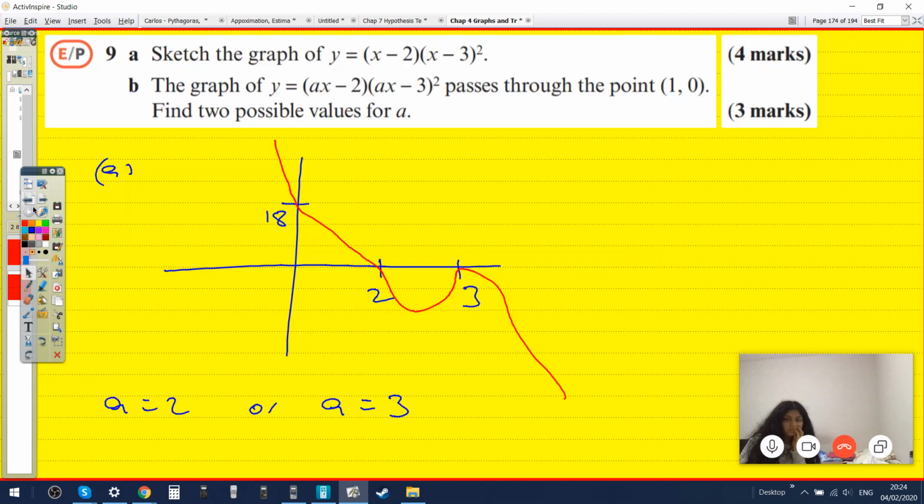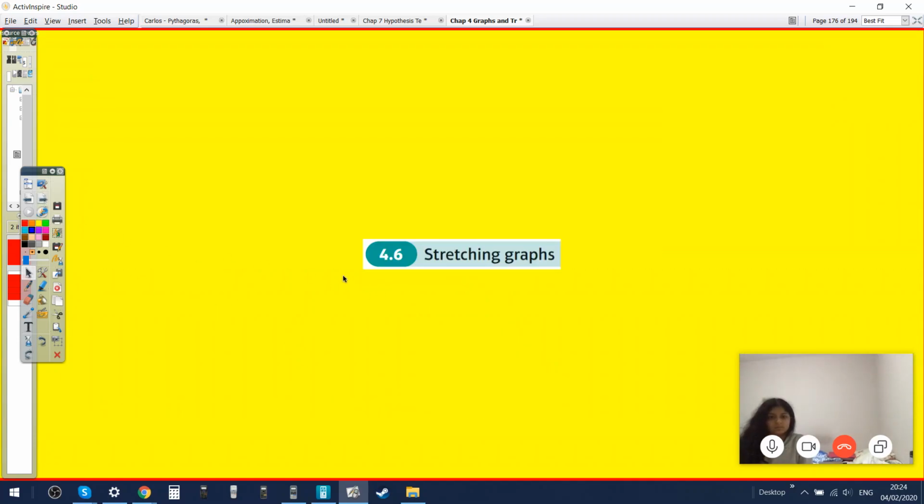Do I have the answer for B? I don't. Let's see. The graph of that one. So A would be 2, or A would be 3. Yep. Okay, stretching graphs.